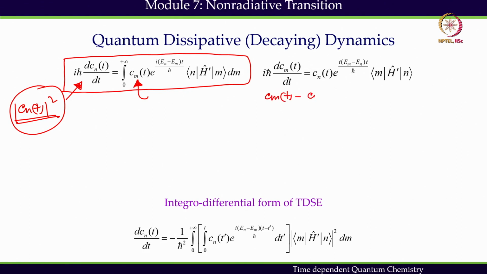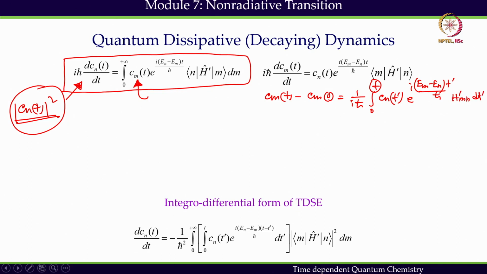It is going to be nothing but Cm(t) minus Cm(0) equals 1 by i h cut, integral from 0 to t. I keep it t right now. Then this is going to be Cn. I make it t dash now, because it is now the variable within this integration, to distinguish the limit from its variable of integration, and e to the power i (Em minus En) t dash by h cut, then this Hmn, dt dash.